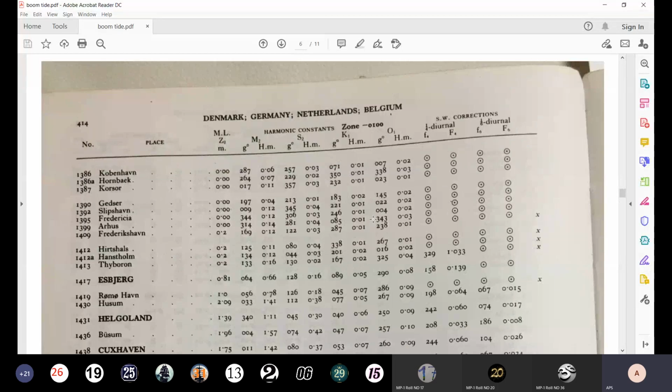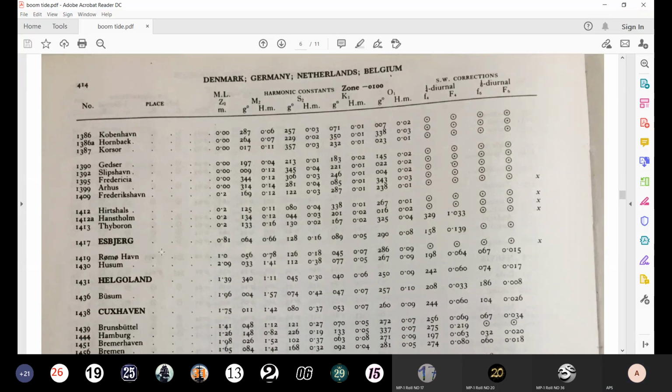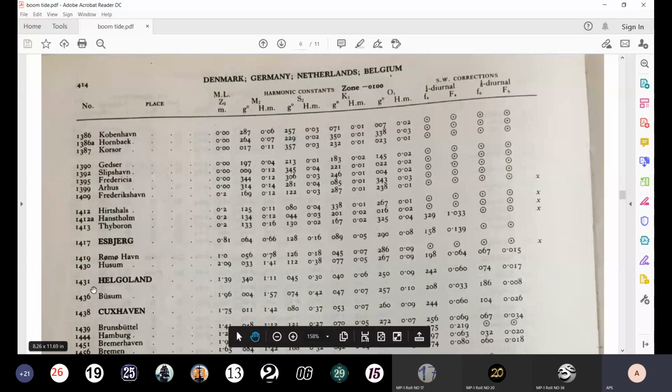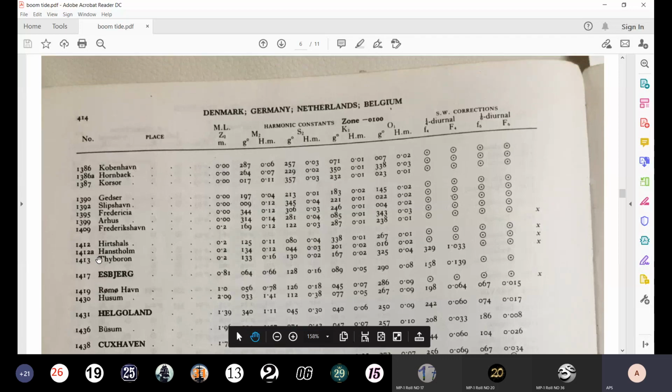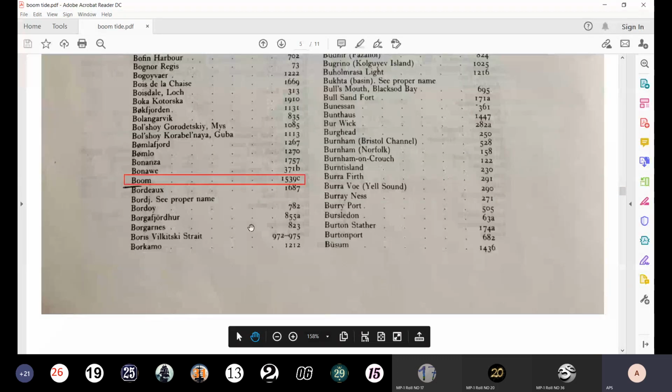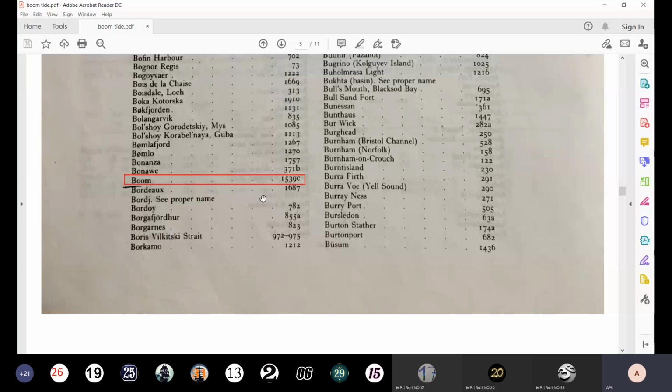Now we go to part 3. Part 3 has got all those numbers given in series only, like serial number wise. So that number we had just obtained was 1539C.